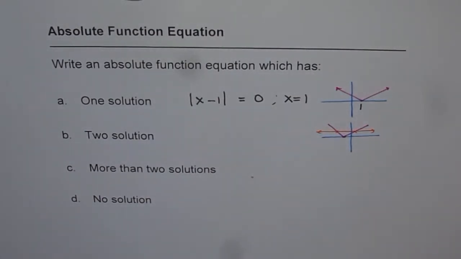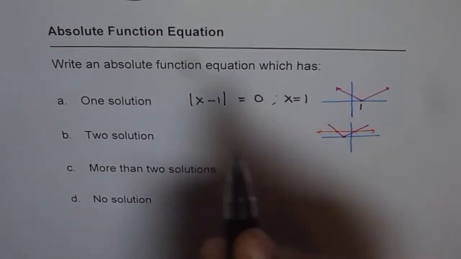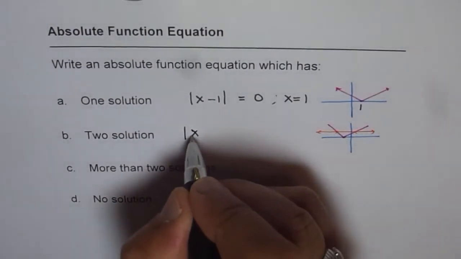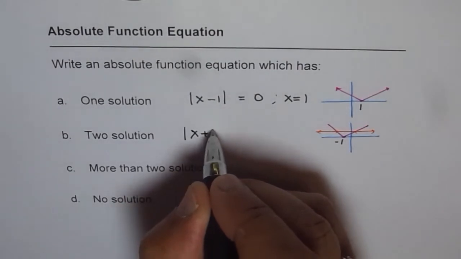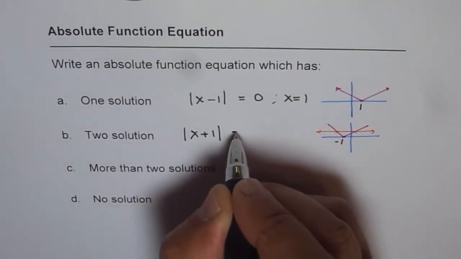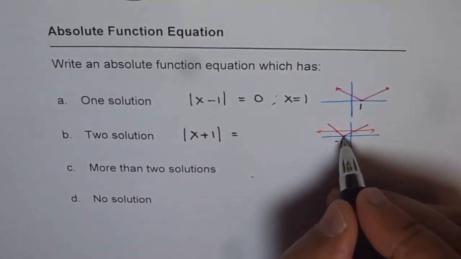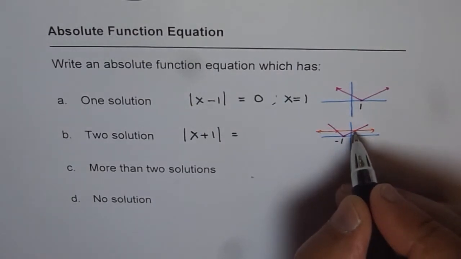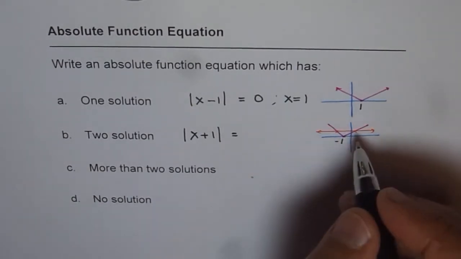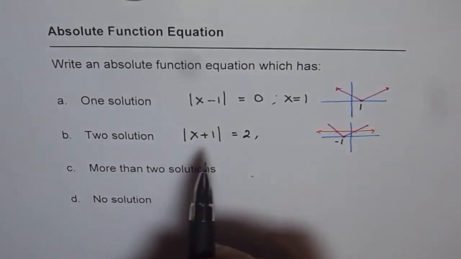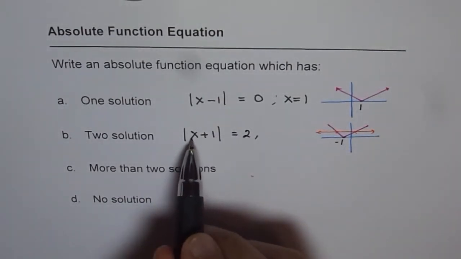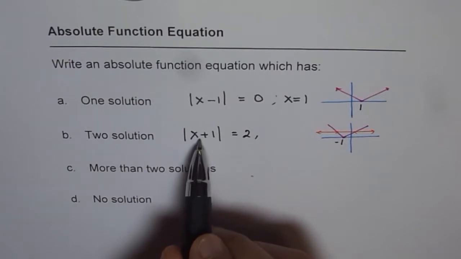So we can write down a function which is, let us say, absolute value of x. Since we moved one unit to the left, it will be x plus 1, is equal to not 0 this time but something else. It could be 2, for example. Now 2 means this value could be plus 2 or minus 2.